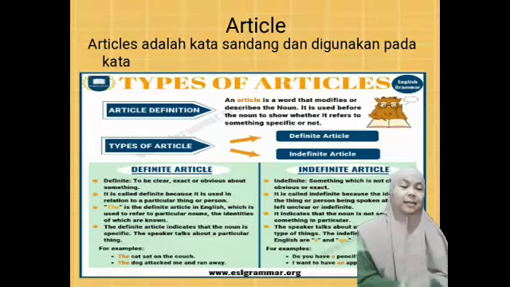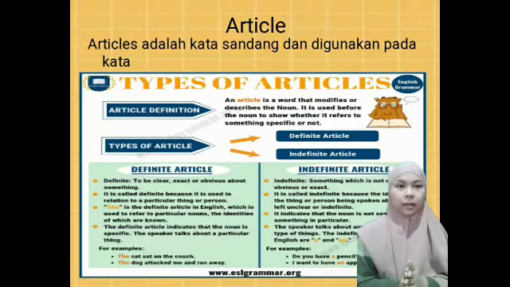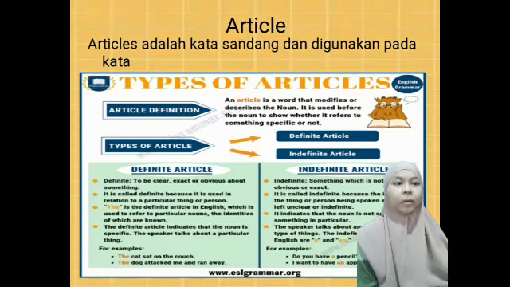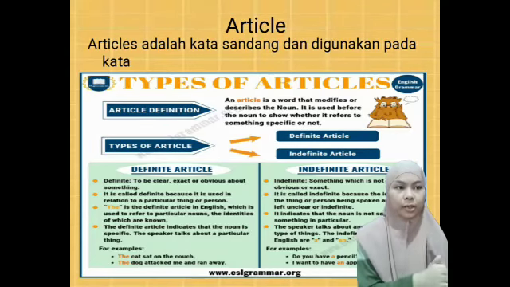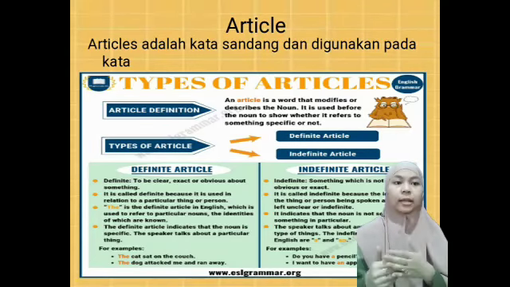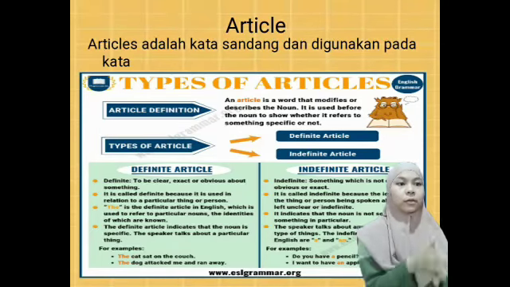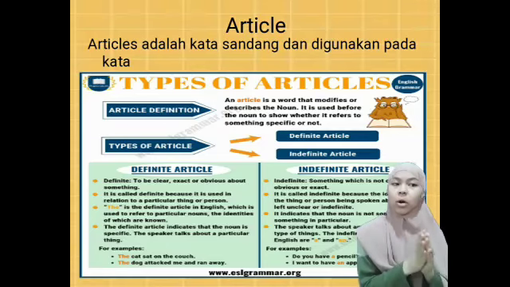So guys, the next is article. Article in Indonesian is kata sandang. Article is the word that modifies or describes the noun, and it's used before the noun to show whether it refers to something specific or not.